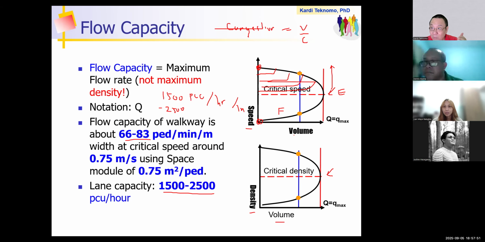Congestion is basically volume per capacity, V/C ratio. That is congestion.